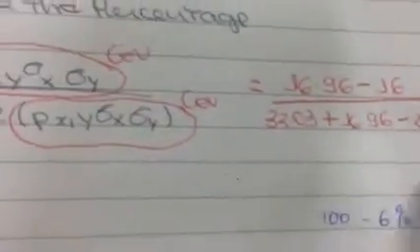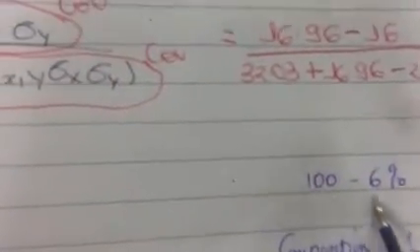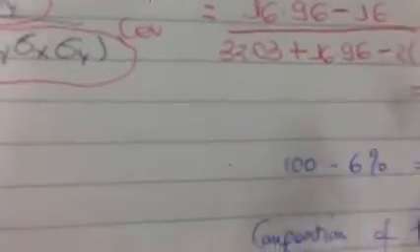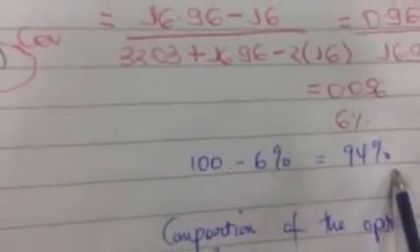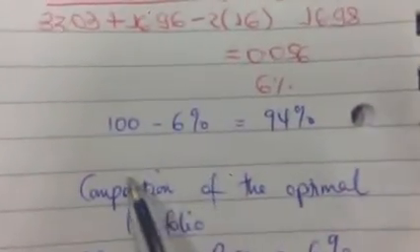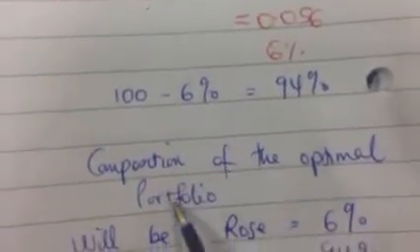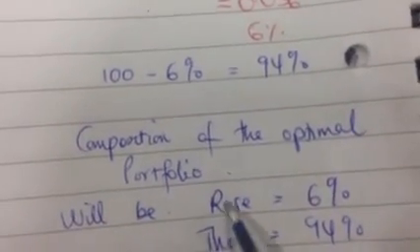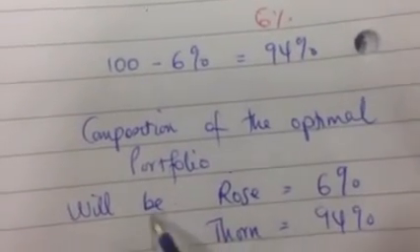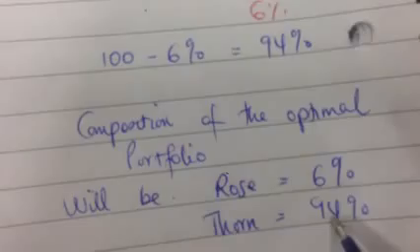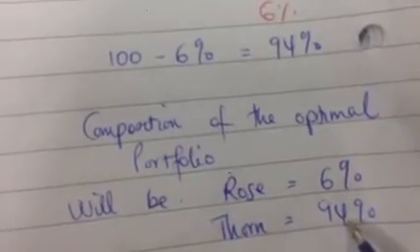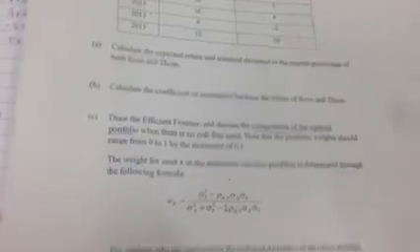So we need to subtract 6% from 100, and that will give us 94%. So you can see here that the composition of the optimal portfolios are: Rose is equal to 6%, and Thorn is equal to 94%. And that is how you answer the question.